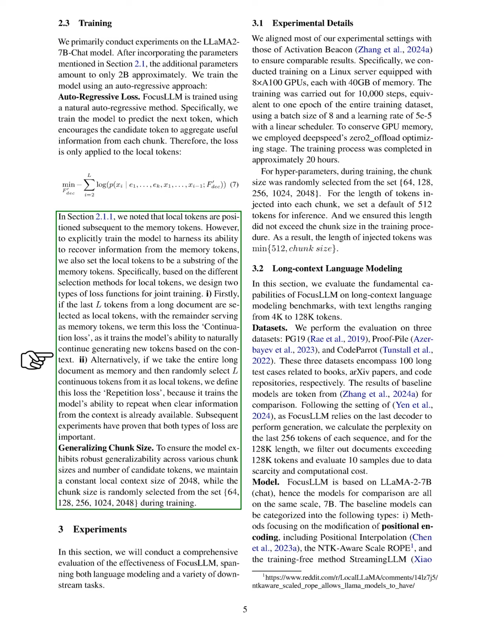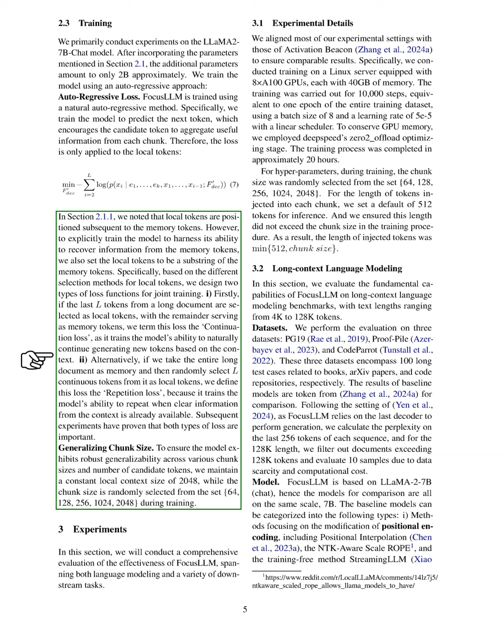To enhance the model's ability to retrieve information from memory, we also made local tokens a part of the memory tokens. We designed 2 loss functions for training: the continuation loss, which helps the model generate new tokens based on context, and the repetition loss, which trains the model to repeat information when it is clear from the context.